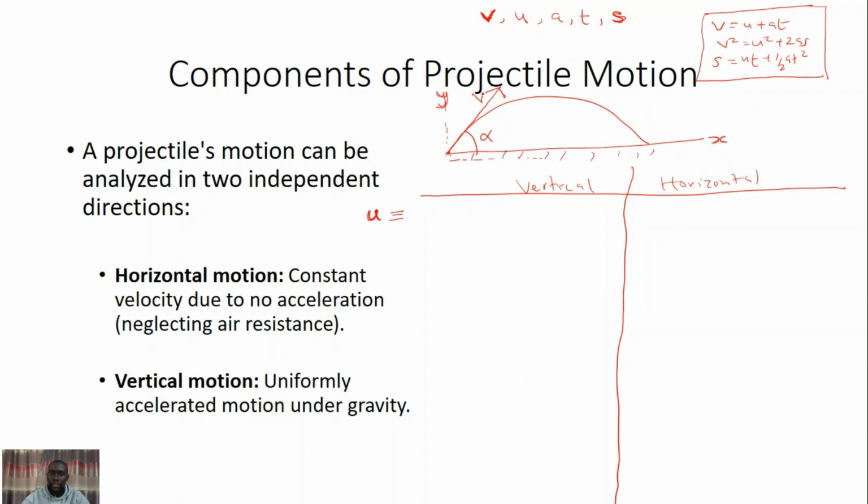Let's call it velocity v at an angle alpha to the horizontal. Okay, so what you need to do is to resolve this velocity along the vertical axis for you to get the initial velocity along the vertical axis.